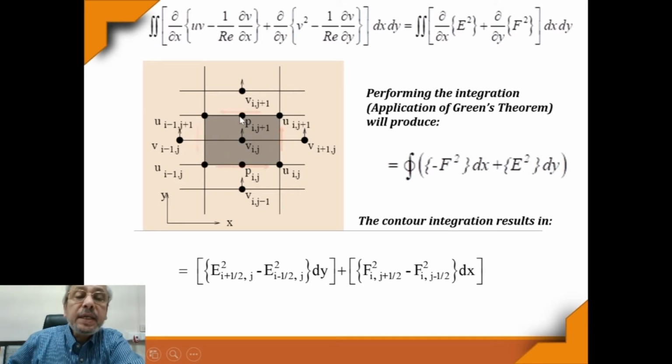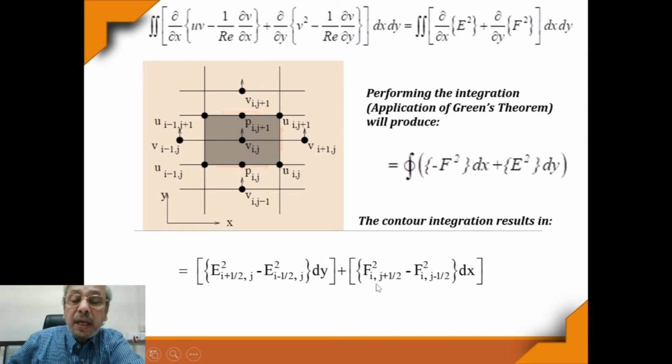Now F at i j plus half into delta x, and delta x is in the negative direction, that makes minus F at i j plus half delta x, but F has a negative sign because of this integration through Green's theorem. So this negative and this negative sign make it positive.